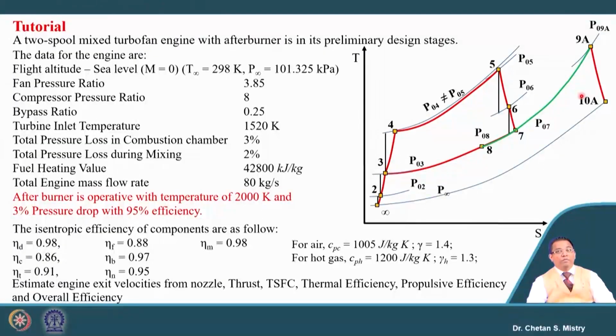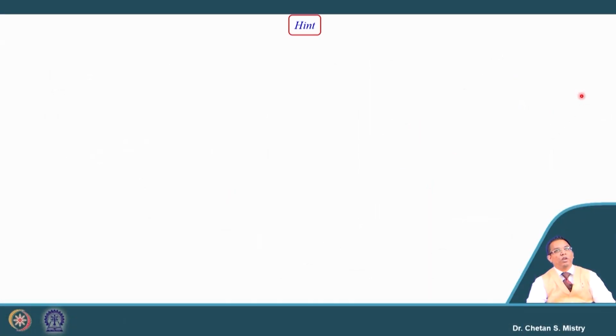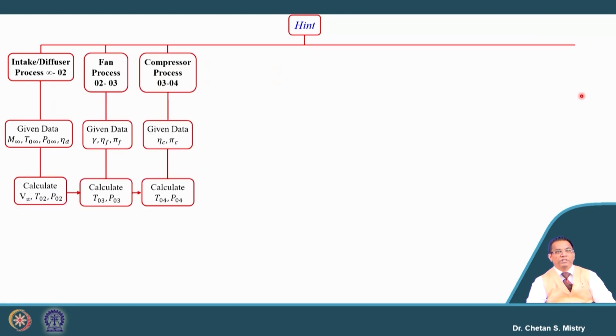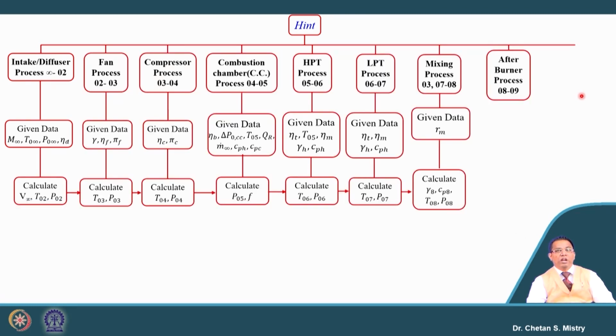Let us look at the calculation steps for this. We have all our information, similar to what we have discussed. Now we have our afterburner incorporated. For this afterburner, we are given the temperature, the efficiency and the pressure loss.